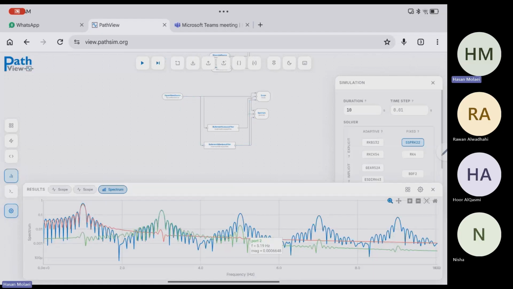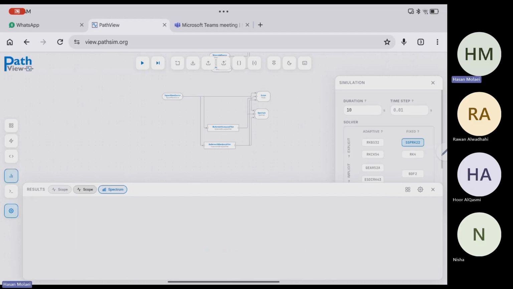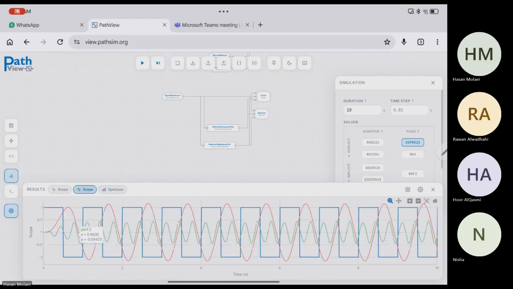We only have this third harmonic. If I see in the time domain, the green line is the third harmonic, which means this square wave consists of different sinusoidal signals which we can obtain by filtering.